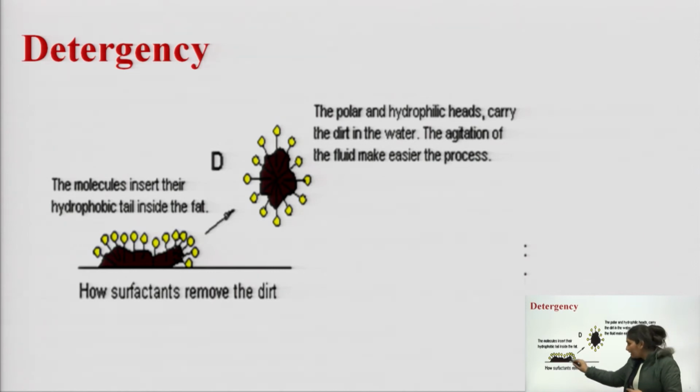Okay. There is fatty substance present. The hydrophobic tail will be inserted into the fat and the polar hydrophilic head carries the dirt in the water. Okay. And the agitation of the fluid makes the process easier.